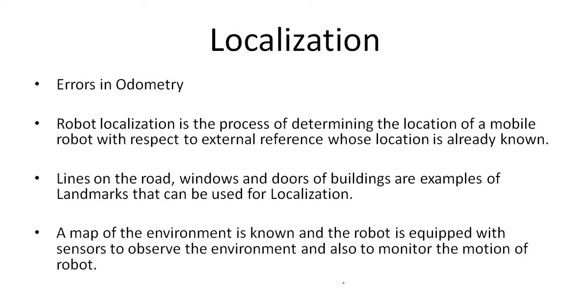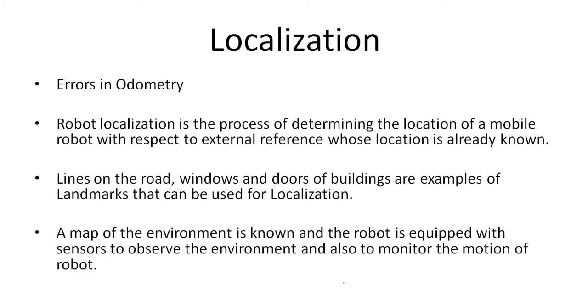During localization, we assume that the map of the environment is already known, and the robot is equipped with sensors to observe the environment and also to monitor the motion of the robot. This is required for localization.